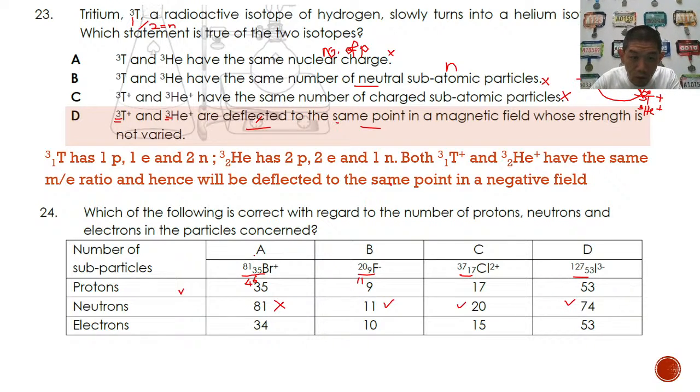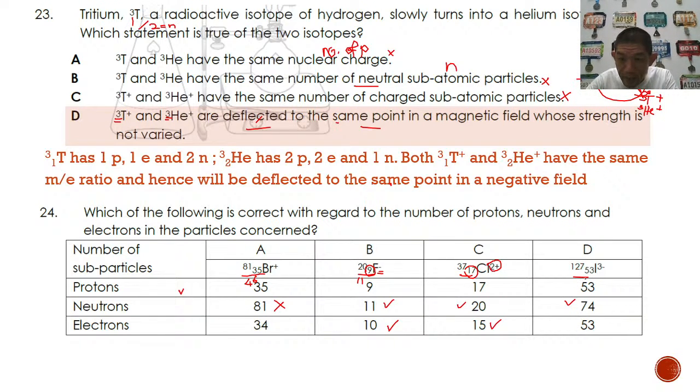As for the number of electrons, since A is already wrong, I'm not going to look at A. But for B, originally 9 protons, after accepting 1 electron, it becomes 10 electrons, which is correct. Chlorine originally 17 electrons, after donating 2 electrons, you have 15, which is correct.